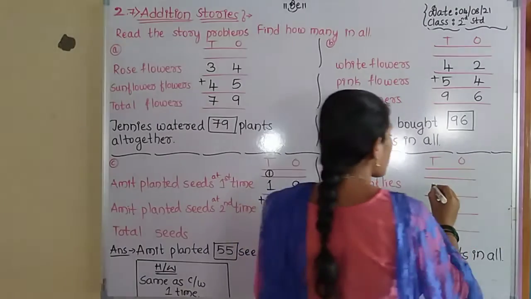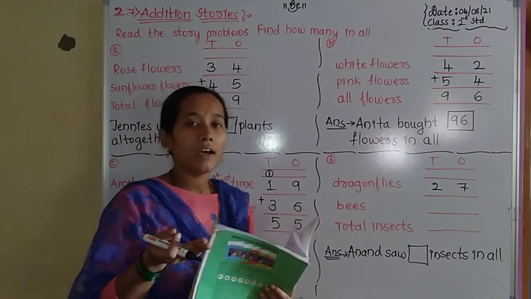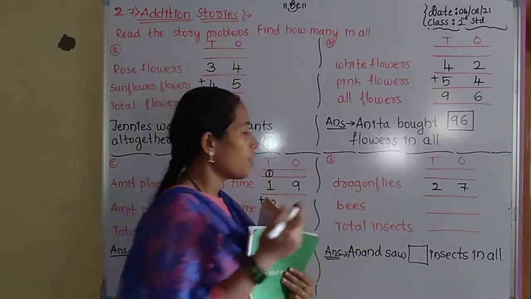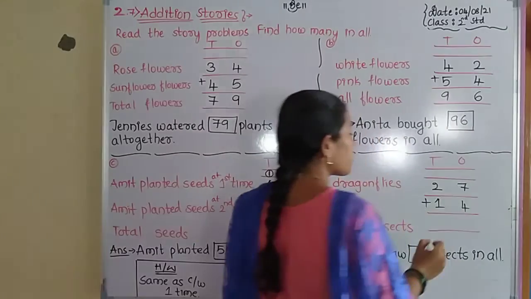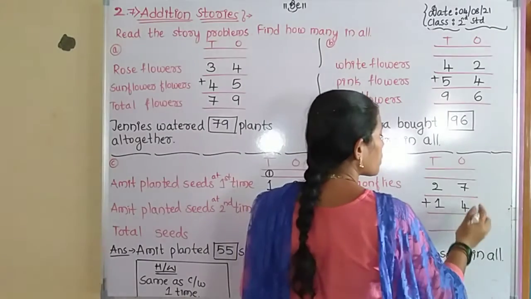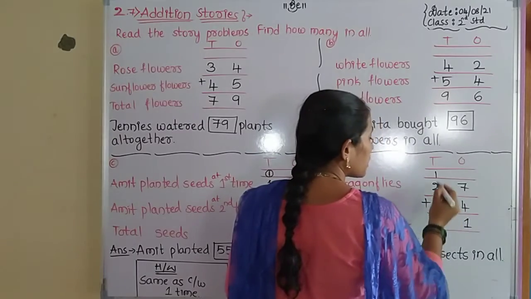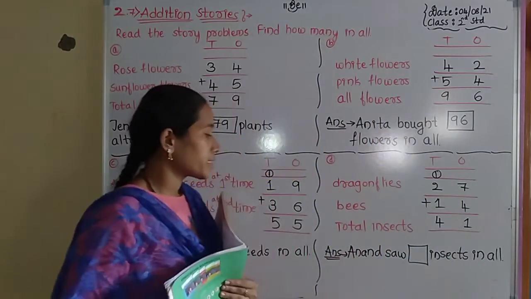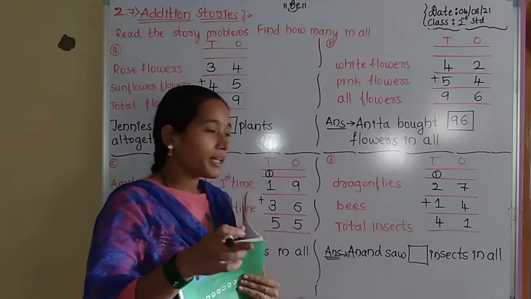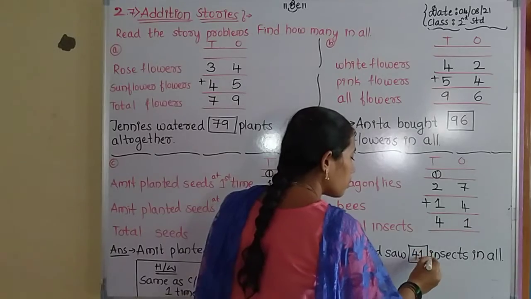How many dragonflies? 27. Then he saw the bees. How many bees? 14. So add the numbers. 7 plus 4 is equal to 11. Then 2 plus 1 is equal to 3, 3 plus 1 is equal to 4. So Anand saw 41 insects in all.